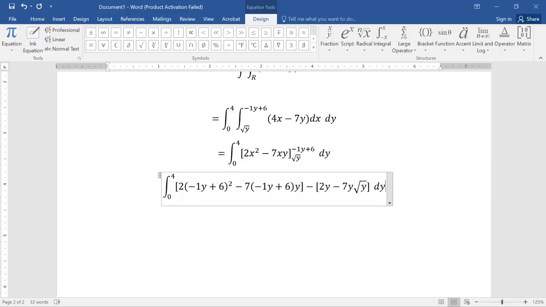This might look really, really ugly, and it is. It's a really, really ugly function. If I had to do this integration by hand, I would want to simplify it and rewrite and multiply things out. But if I have technology, it's not that bad.